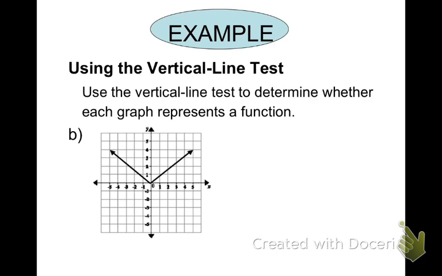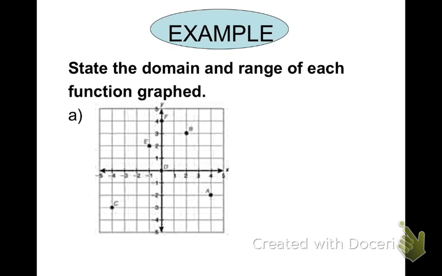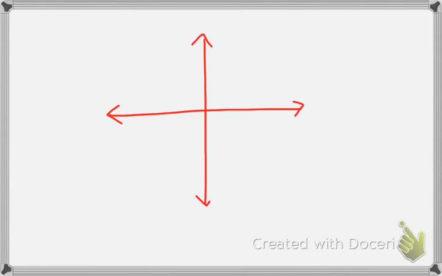So now, let's take a graph and identify the function. Here, I'm not going to make you redo this one. Let's just make up one here really quickly. Make a quick graph of a coordinate plane. Go 5 units in all directions. And then let's plot a point at -4, +4.